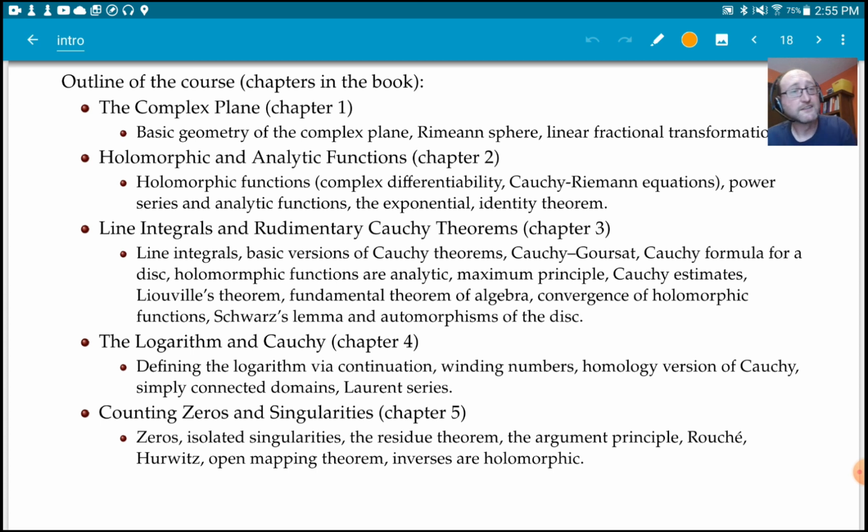So you can count zeros and singularities. You can classify all of these, right? You can compute integrals based on looking at singularities. This is actually a very powerful theorem.